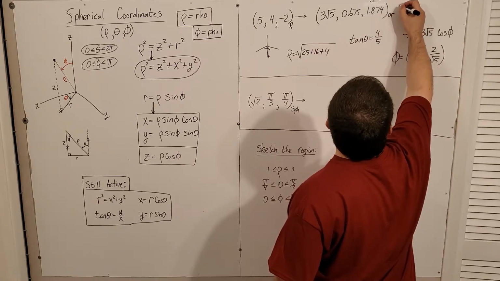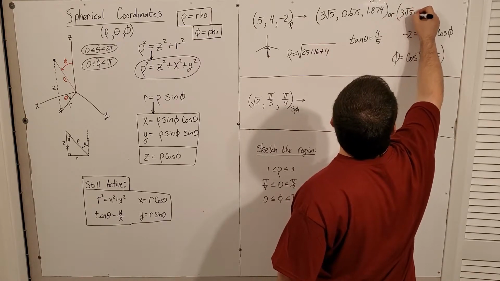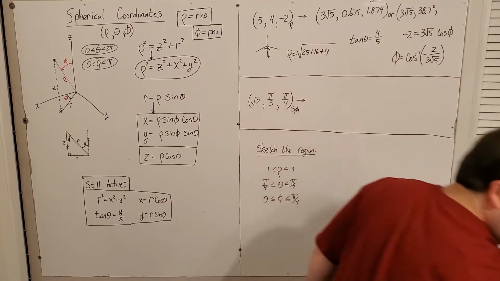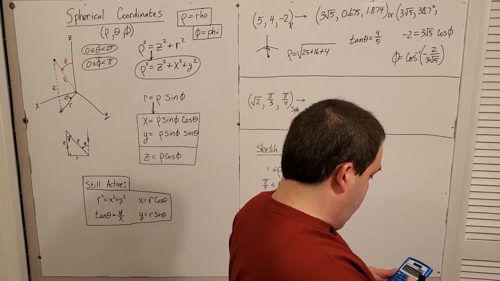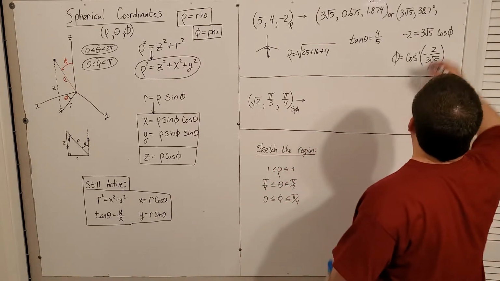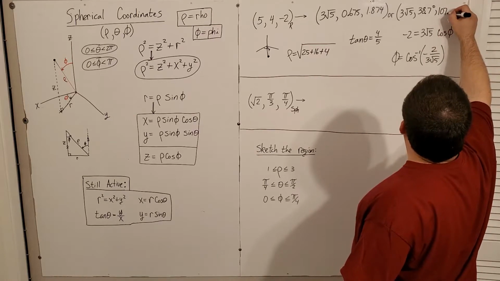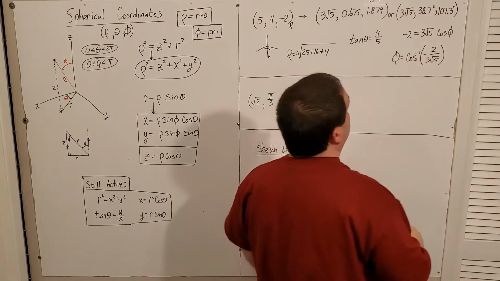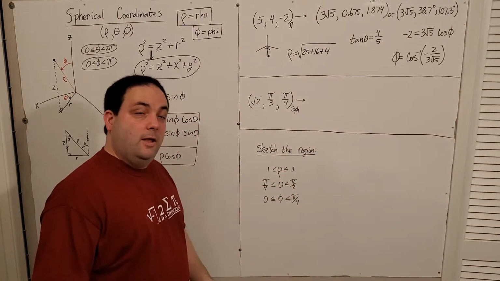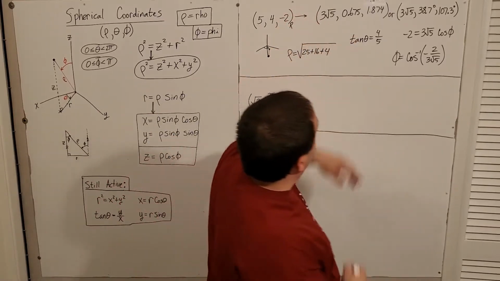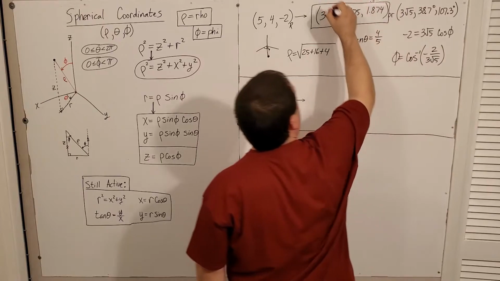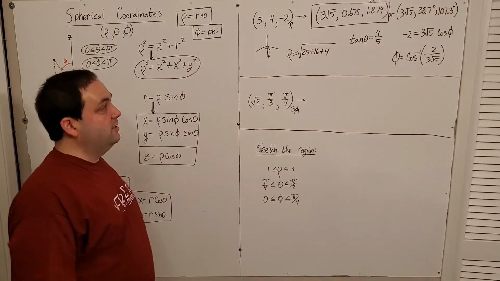Or if you wanted to do degrees, I think we said 38.7 degrees for theta, and then this one in degrees is 107.3 degrees. Remember, we typically like to do things in radians, though. So this would be the coordinates in spherical, where the last two are the angles in radians.